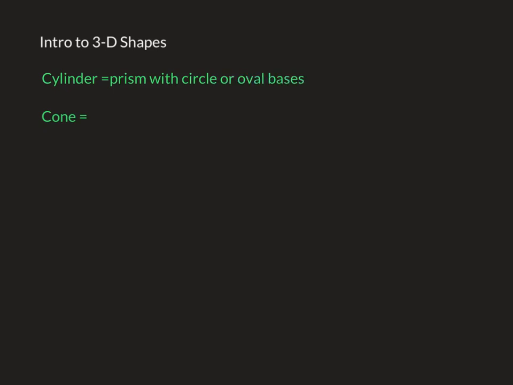Keeping in mind that that prism term is rather lax because, again, we know that circles or ovals are not considered polygons. Similarly then, what is the relationship with a cone? Well, it would be the pyramid version of a cylinder, so a pyramid with circle or oval bases.